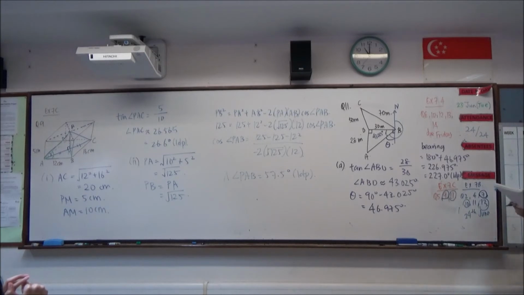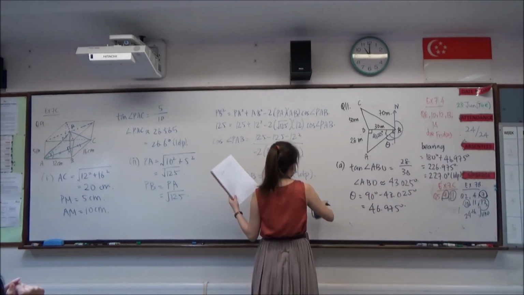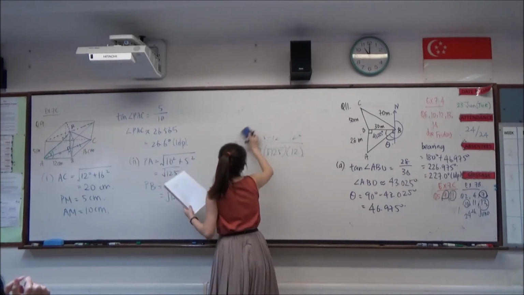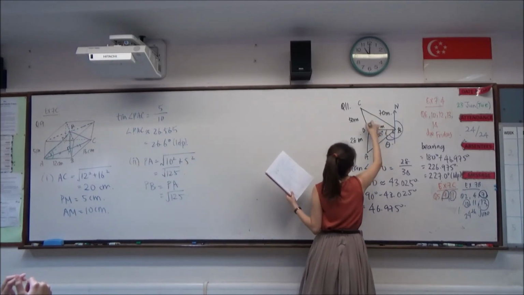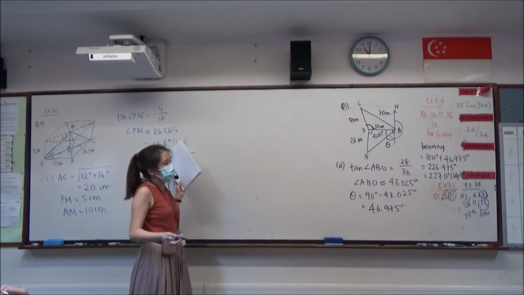Then in part 2, we want to find angle COB, which is this angle here. So we can apply our cosine rule.